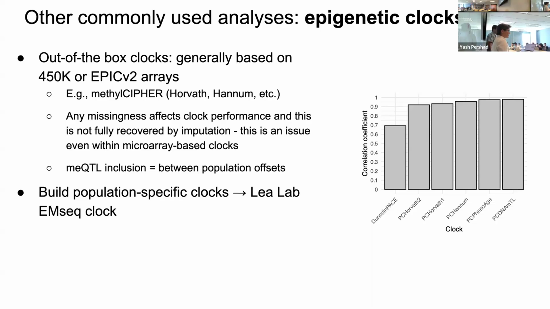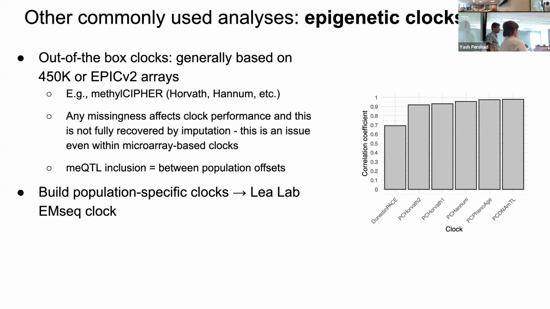And so MethylCIPHER is an R package that I quite like. This is coming out of Morgan Levine's lab and the Higgins-Chen lab. And they employ the Horvath, Hannum, and a bunch of common epigenetic clocks. Those were all based on either the 450K array or the EPIC array.